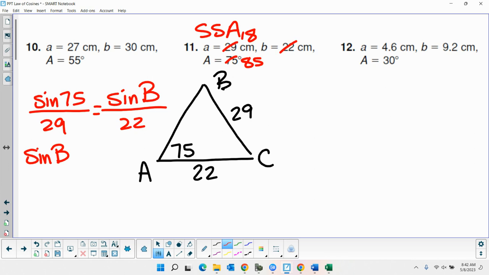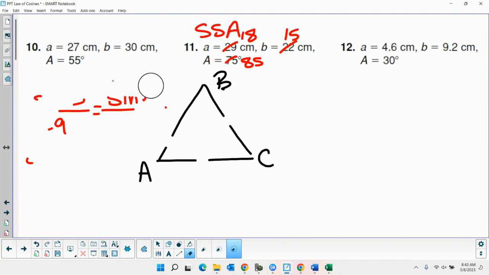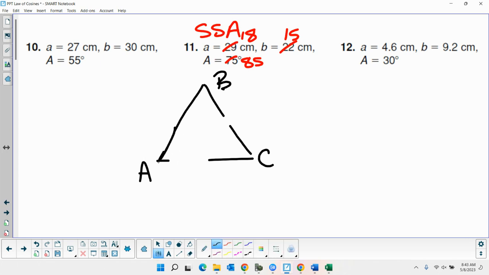I thought maybe I made a mistake there too, but I did. I was trying to redeem you. All right. So for some reason, when I copied it from somewhere, I must have copied the wrong thing. All right. So my angle A is 85. And side A is 18 and side B is 15.